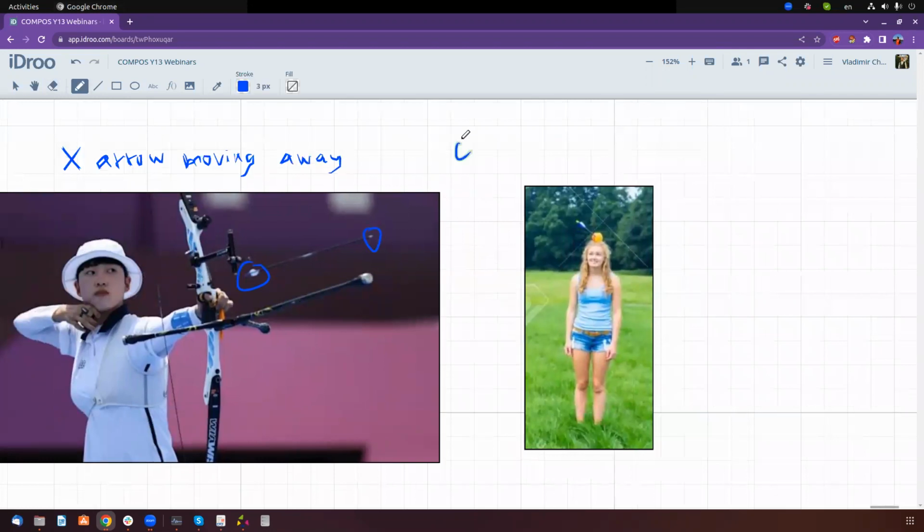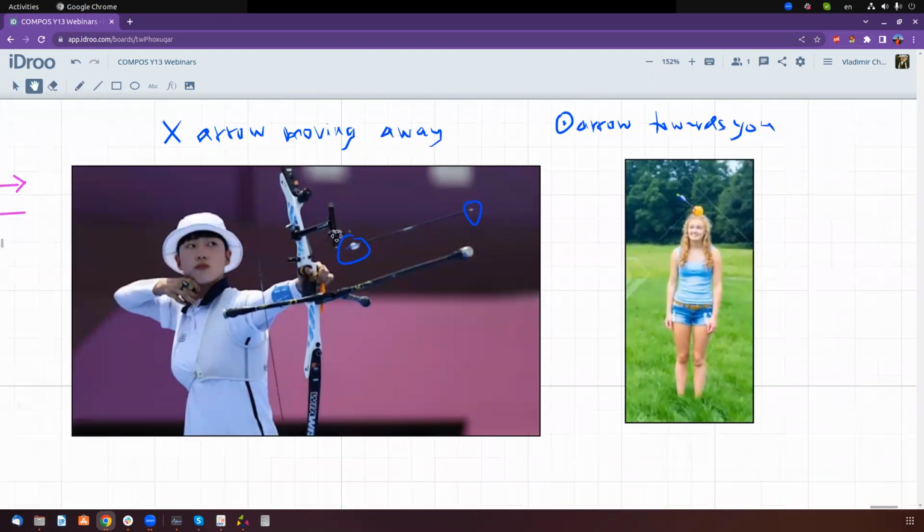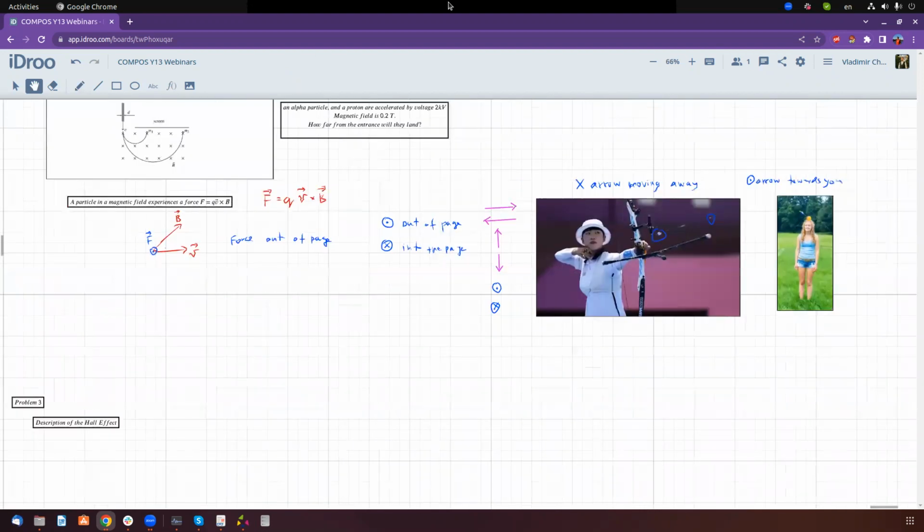This is an arrow moving towards you. Okay. Make sense?